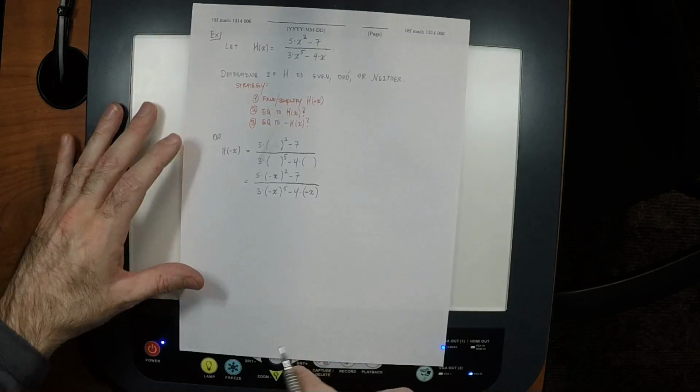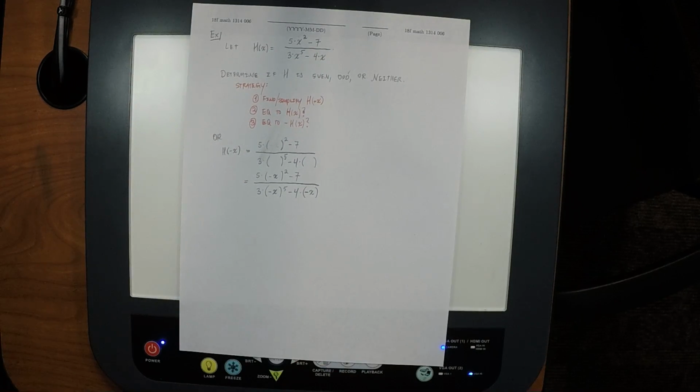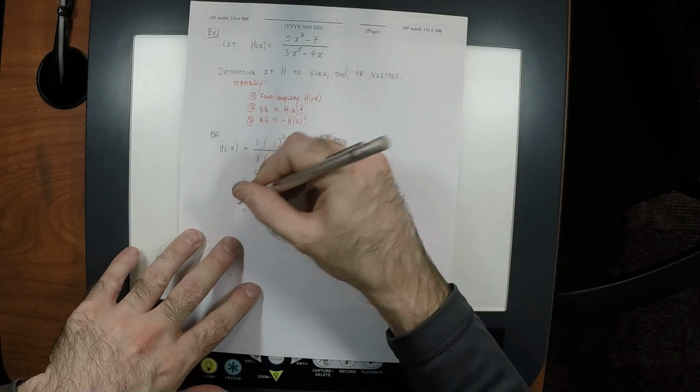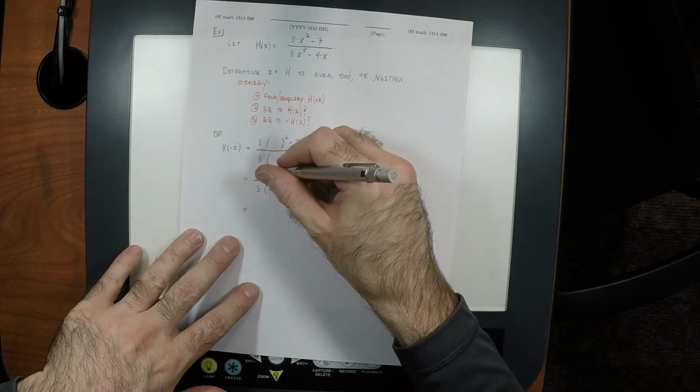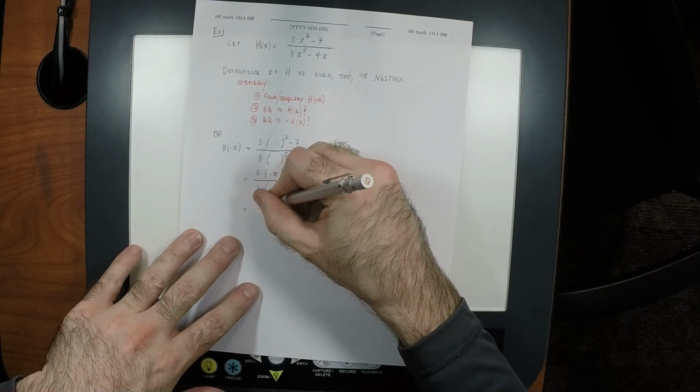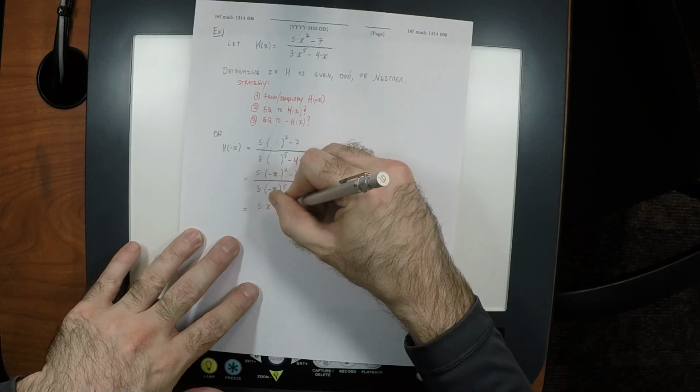All right, so now we want to simplify this as much as possible. In the numerator, notice that we're squaring the negative x. So how does that simplify? Just regular x squared, right? The square squashes the negative there. So the numerator becomes 5x squared minus 7.